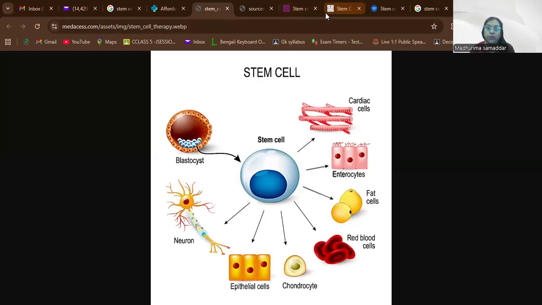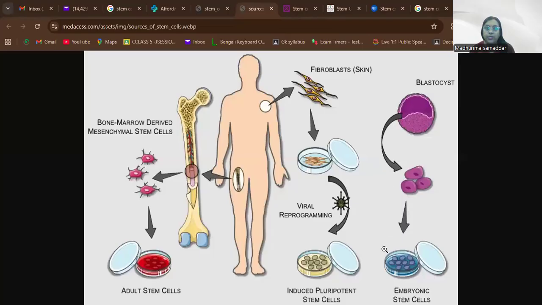So also you can see the different types of stem cells, as we have discussed. Yes, so these are the embryonic stem cells.